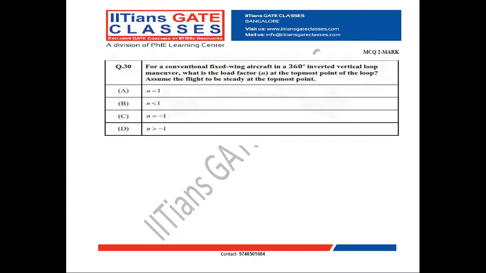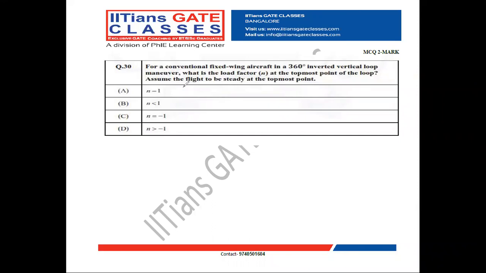This is an MCQ, multiple choice question, a 2-mark question. Option A is n equal to 1. Option B is n less than 1. Option C is n equal to -1. Option D is n greater than -1.